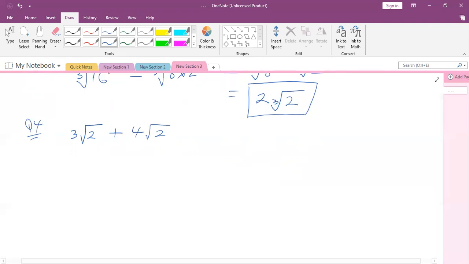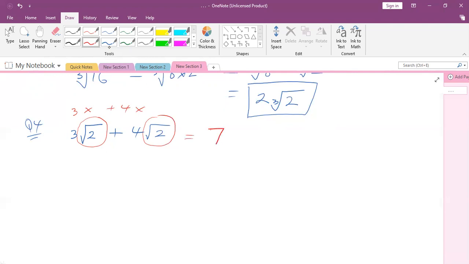Now, think about these as like terms. Just as you would do 3x plus 4x, you do the same thing here. You add up the coefficients, which are 3 and 4, so 3 plus 4 is 7.